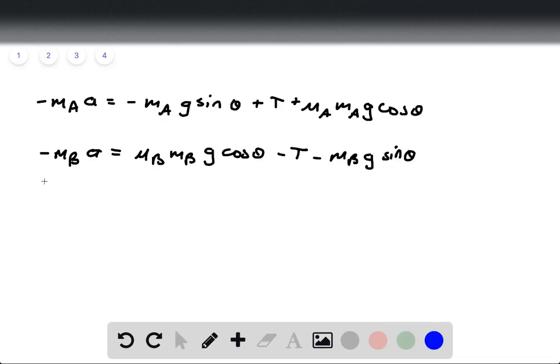Doesn't matter which. But if you add T so that you have T over here and add this over onto the other side of this equation, we've got an equation for T.